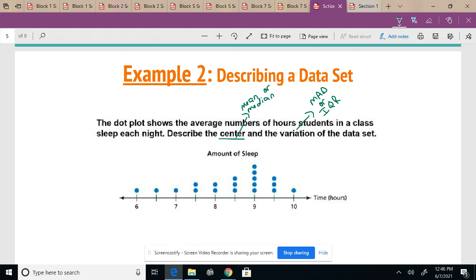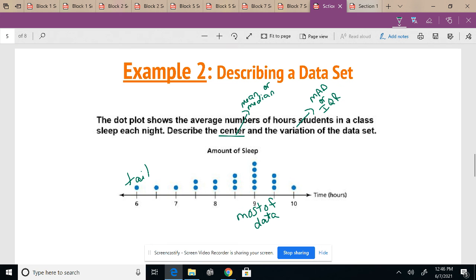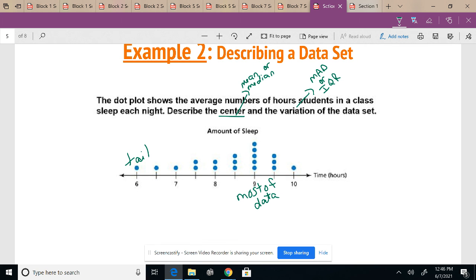So when you're looking at this, it looks like it is not symmetric. Most of the data is over here, and it looks like our tail is around here. So it looks like we're going to have skewed left.